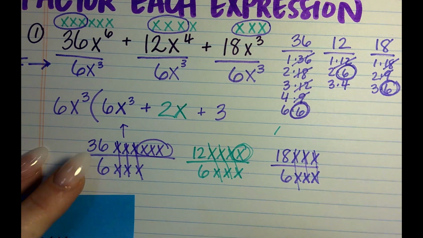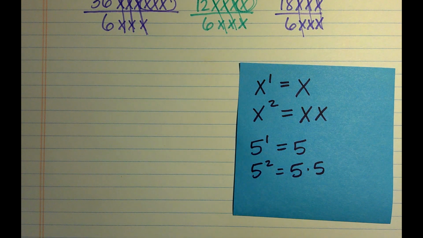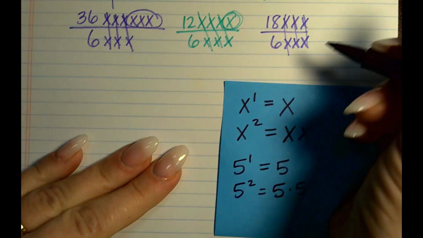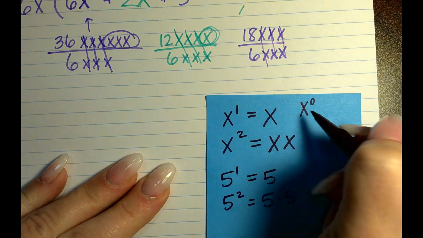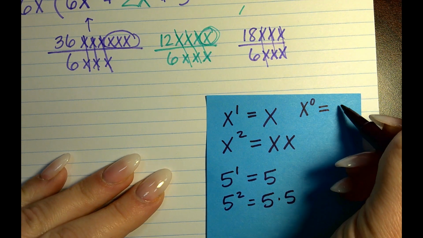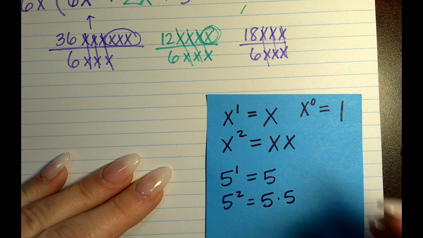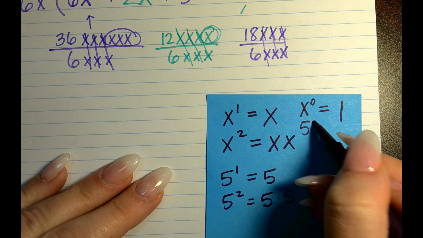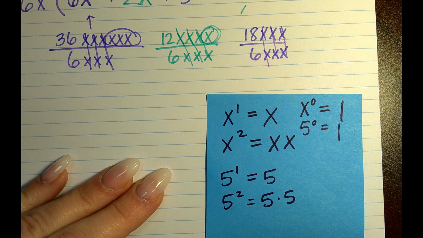Here's another fun rule. Anything to the 0 power, no matter what, is 1. It could be 5 to the 0. It's 1. Doesn't make a lot of sense.